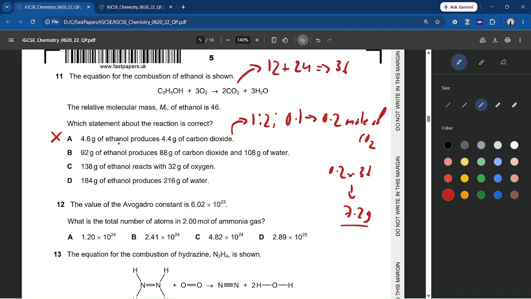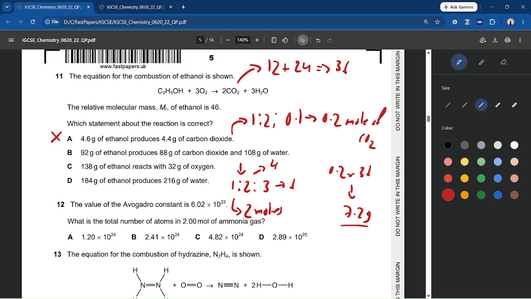92 grams of ethanol produces 88 grams of carbon dioxide and 108 grams of water. So there's two things we need to remember here. Over here, the molar ratio is 1:2:3. So let's figure it out. 92 divided by 46 is 2 moles. So you get 4 moles and you get 6 moles.